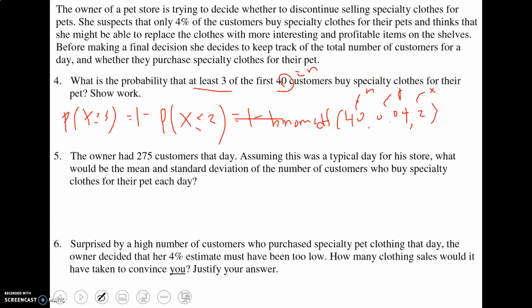You don't want to just write binom CDF because they won't like that. And then we do 1 minus 0.7855, and that's 0.2145. That's not that many people.